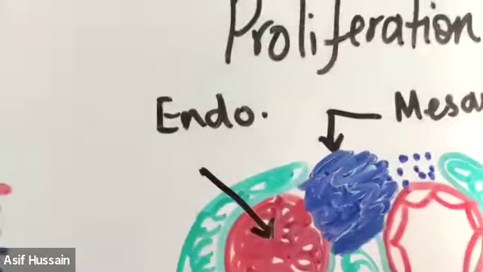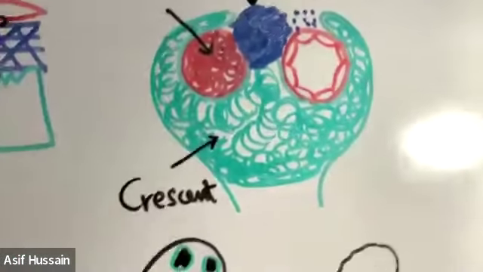And the proliferation of the native cells, the cells which are part of the glomerulus, includes mesangial cells, capillary endothelial cells, and the Bowman's epithelial cells. So the easiest cell to proliferate is the mesangial cells. And if you look at this diagram, here this is the proliferation.